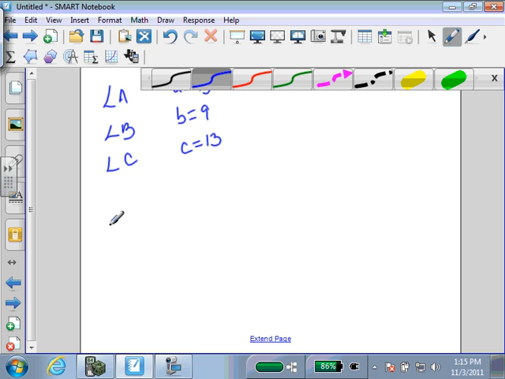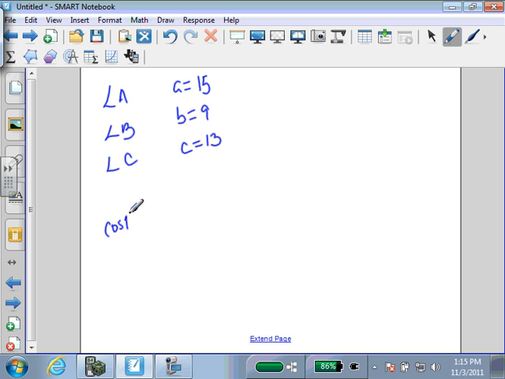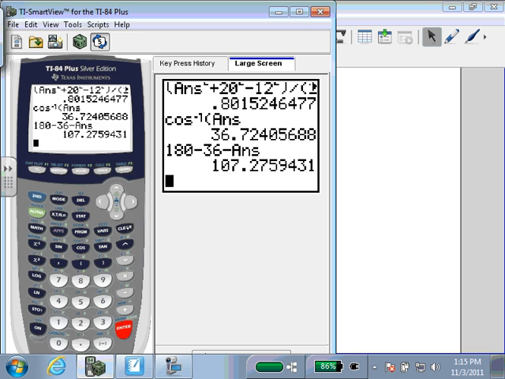Let's say the cosine of angle A is going to be, in a parenthesis, 9 squared plus 13 squared minus 15 squared. That's B squared plus C squared minus A squared, over 2 times 9 times 13. Okay? Figure this one out.